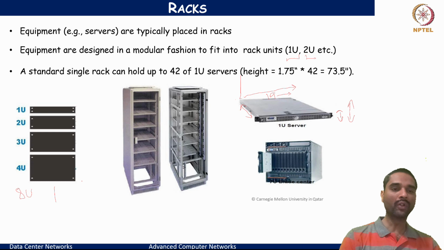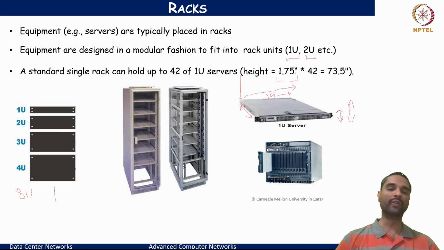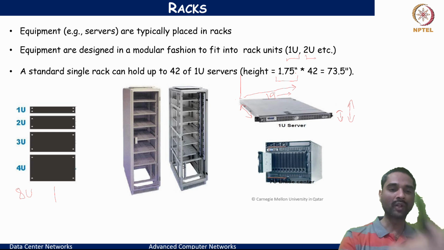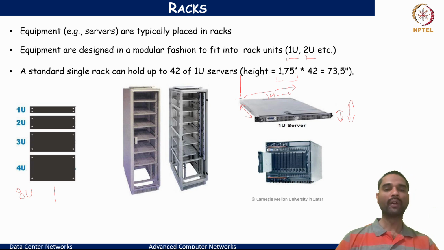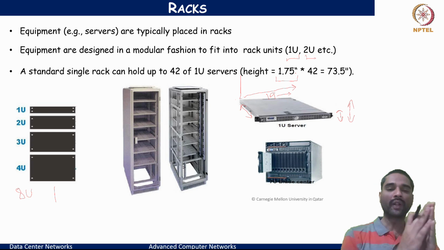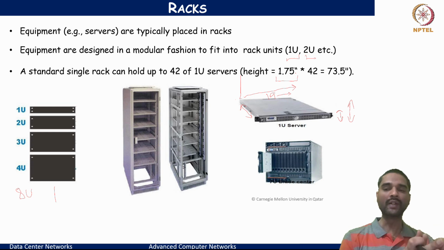So when I refer to a device as a 1U, we are referring to its height being 1.75 inch. And if it is 2U, then it's double this 1.75 inch, and likewise. So we will see multiple devices come in these form factors. And when we make a rack, even the racks could come in different heights.